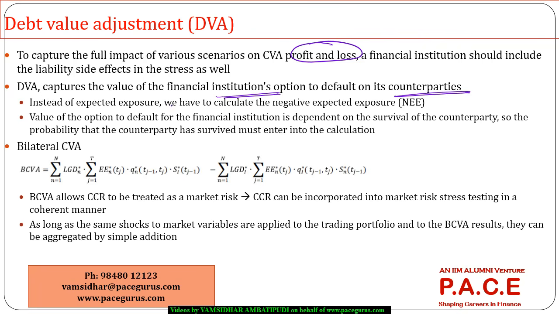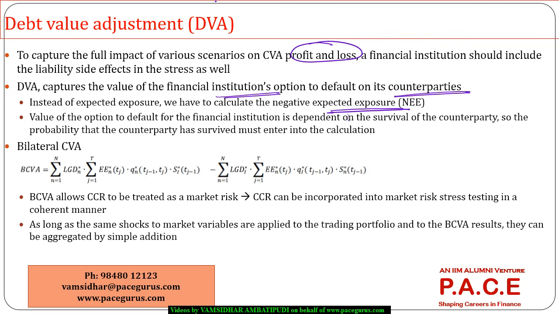So here we are not looking at expected positive exposure, we have to look at expected negative exposure, because wherever the value is negative, the exposure is negative, that is where I can default to my counterparty. So that's the reason I'm looking at negative exposures for DVA.